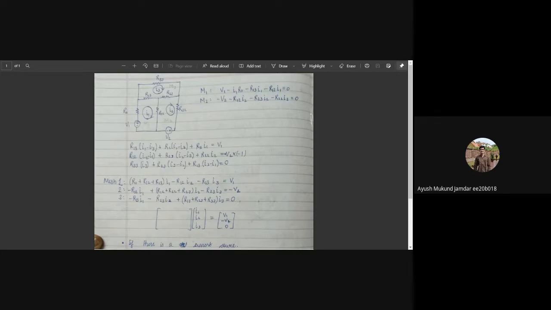So writing similar equations for mesh 3 and mesh 2, we'll get the couple of equations written over here. Again, on rearranging the terms such that we get coefficients of I1, I2 and I3 together, we'll get something like this, which we just saw for the nodal analysis as well. And again, these equations can be represented as a matrix in I1, I2, I3, the current vector and voltage vector.